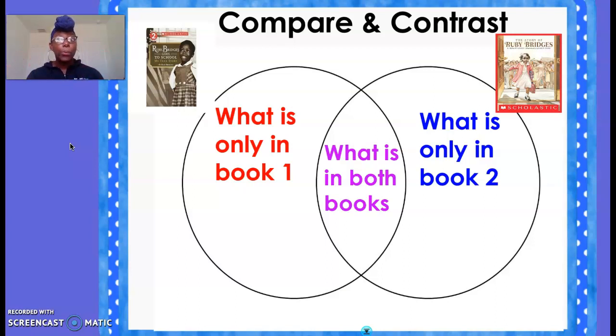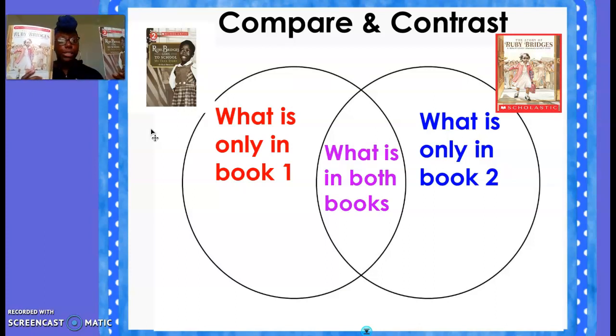So remember I said that word contrast. That is what we're doing today. So a Venn diagram, you have two books up here. We're using Ruby Bridges Goes to School, My True Story, and we're using the story of Ruby Bridges. We're going to compare and contrast these two books, and I can do that using a Venn diagram.